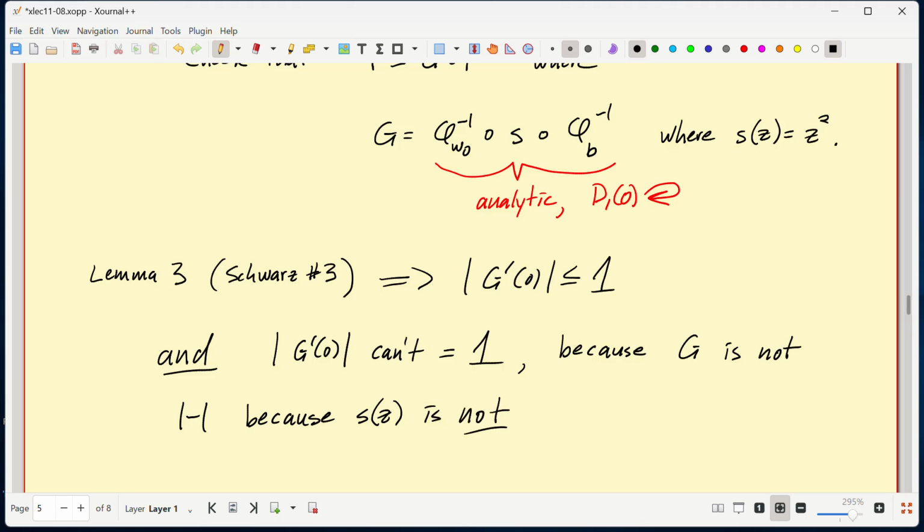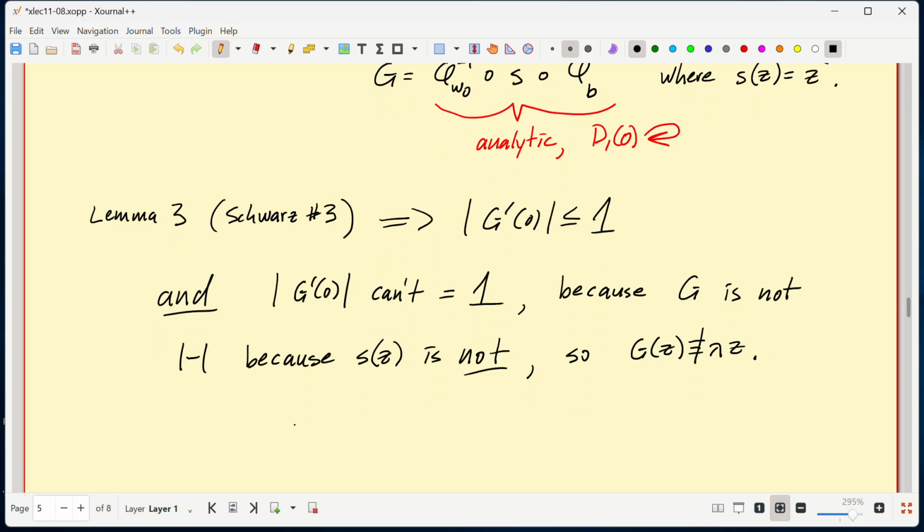So G of Z couldn't possibly be lambda times Z. Okay, so we know that G prime is strictly less than 1.